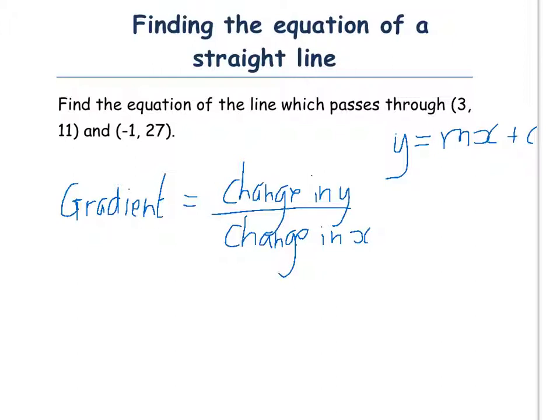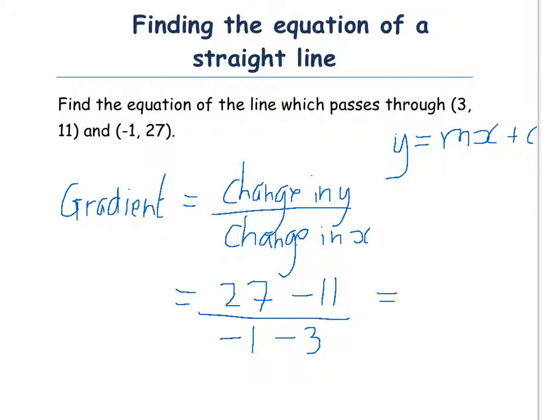So if you're going to use this one as the one you're going to use as number 1, make sure you do 27 take away 11, and then you do minus 1 take away 3, or you can do it the other way around, but make sure you're consistent for both bits. Now I'm going to do 27 take away 11, divided by minus 1 take away 3.